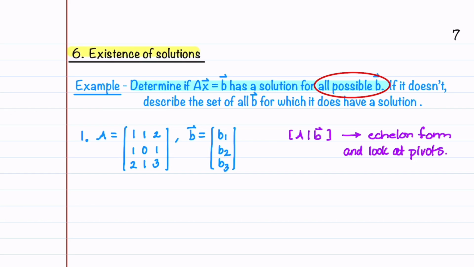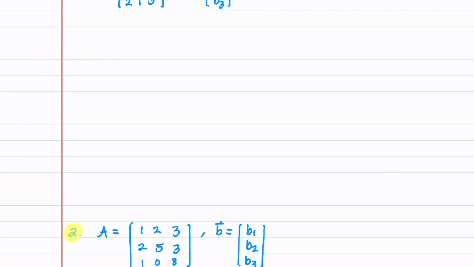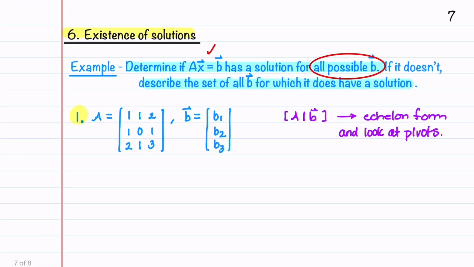If we find that our equation doesn't have a solution for all possible b, we'll want to describe the set of b for which it does have a solution. In our first example, we'll find that our matrix equation has a solution for only some b. And in our second example, we'll find that it will have a solution for all b. Let's work through this first example.